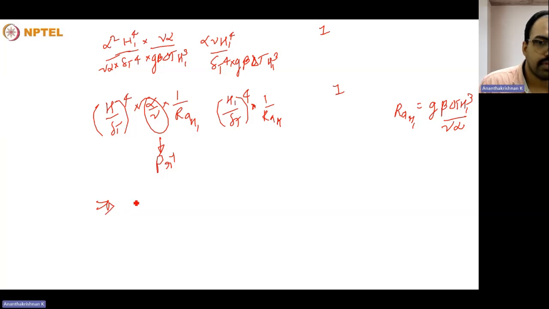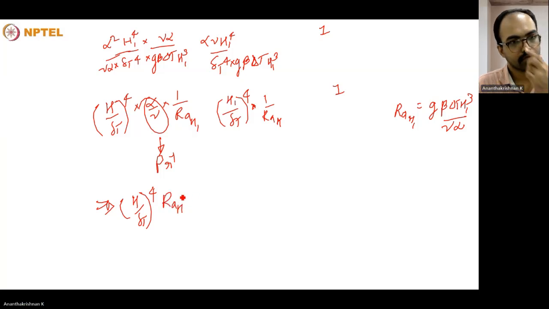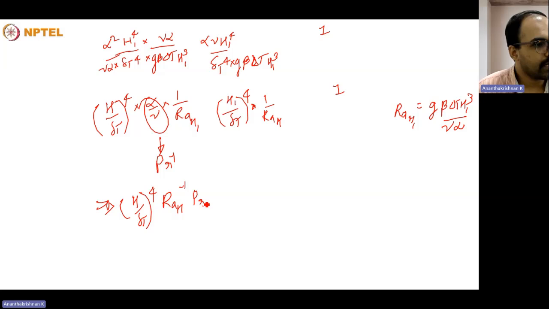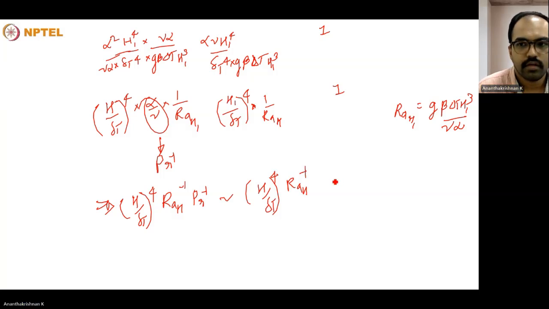So you can write it as h by delta t raised to 4, Rayleigh number raised to -1, Prandtl number raised to -1 is of the order of h by delta t raised to 4, and Rayleigh number raised to -1 is of the order of 1.